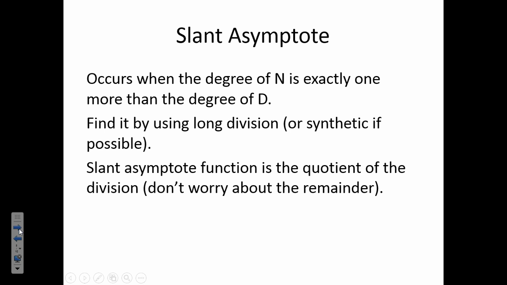If we have an x cubed as our highest power of x in the numerator and an x squared in the denominator, slant asymptote. Okay? X to the 4th over x cubed, and so forth. You find it by using long division or synthetic if it's possible. Synthetic's always easier. And the slant asymptote function is the quotient of the division. I don't have to worry about the remainder. And this will make sense when we do an example.